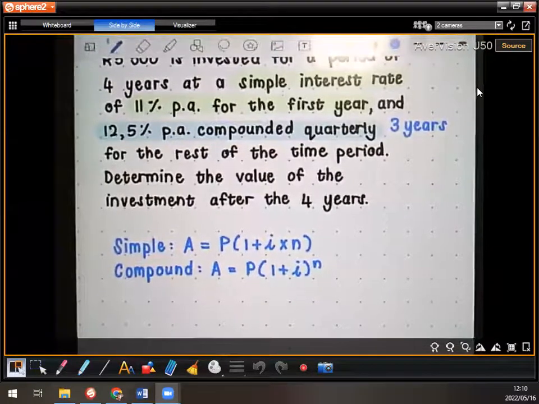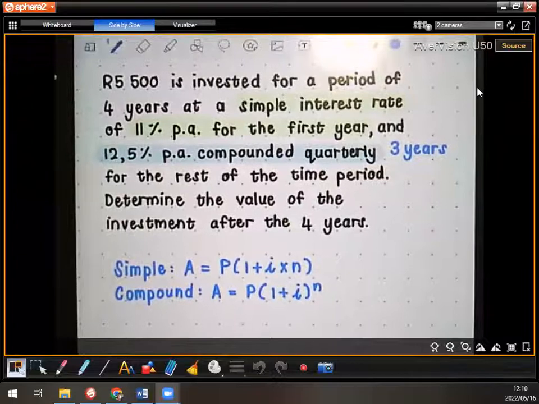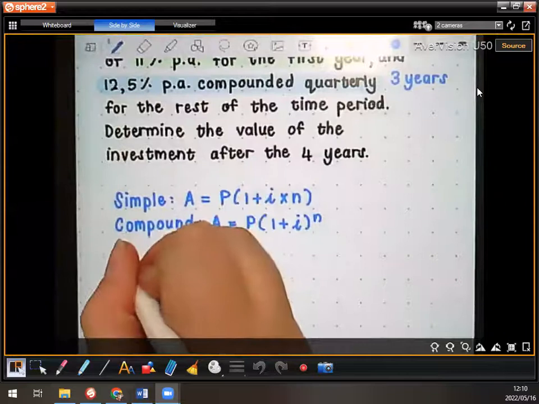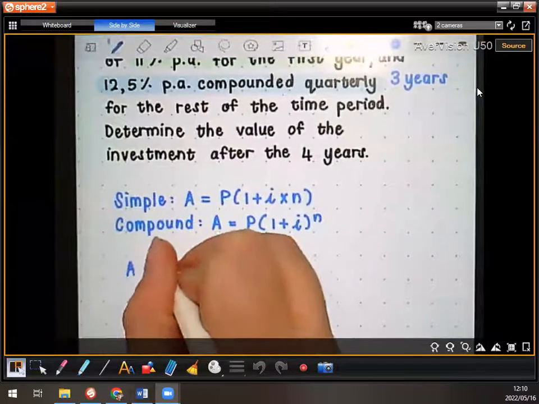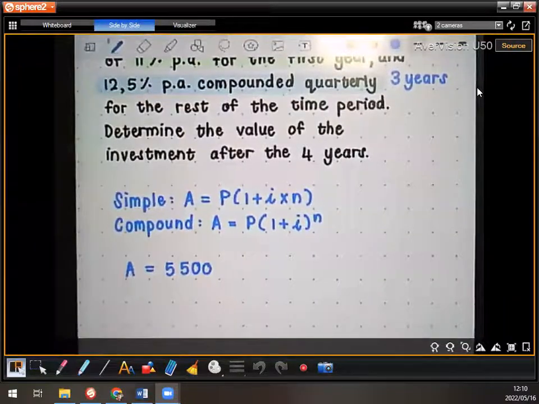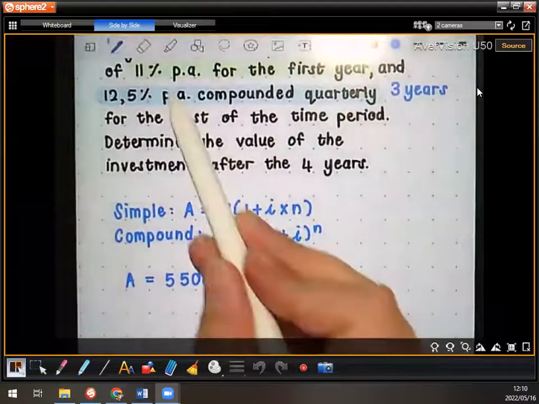What amount was invested? 5,500. I want you please to write A equals my P value, the amount invested, 5,500 rand. Now we're going to make an interest bracket for the first interest rate that we have, which was 11% simple.